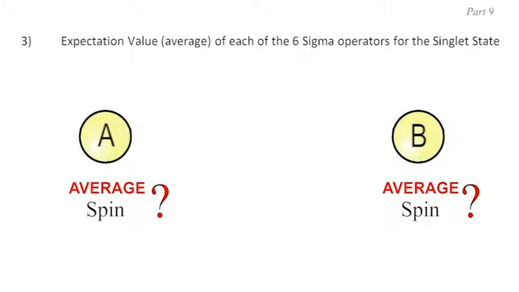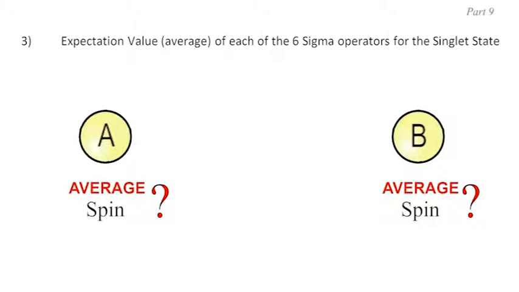It may be that electron A could have an average value of 1 in a particular direction, and the B electron would have an average value of -1 in that direction. In other words, they'd be opposite, making the overall average 0. And that's what we're testing here. What is the average value of the component of each separate electron spin in each of the 3 directions, x, y and z?